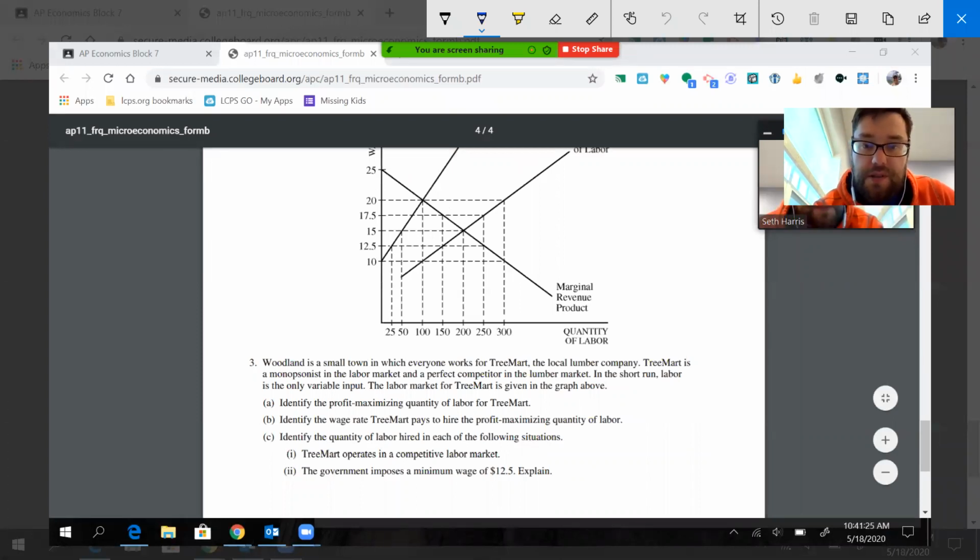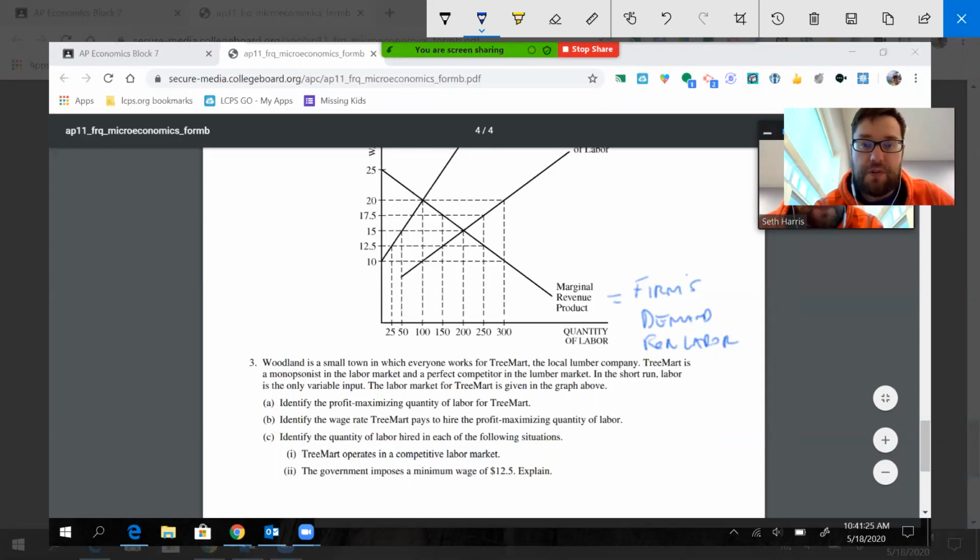So think about marginal revenue product, which is essentially the same as the firm's demand for labor. You should recognize this is very similar to a flipped, mirror image of a monopoly graph.